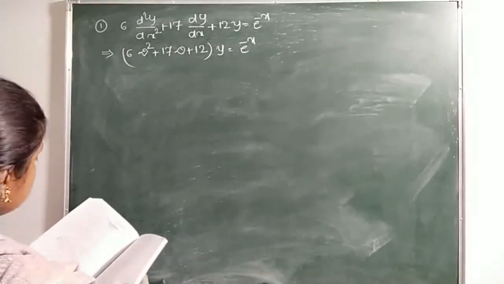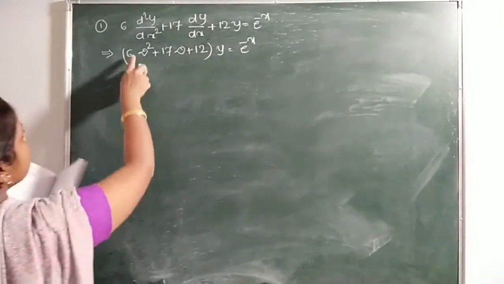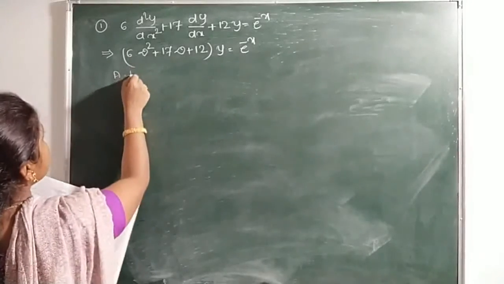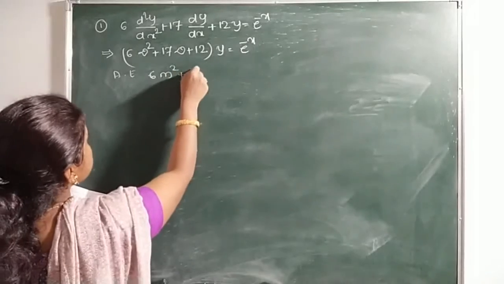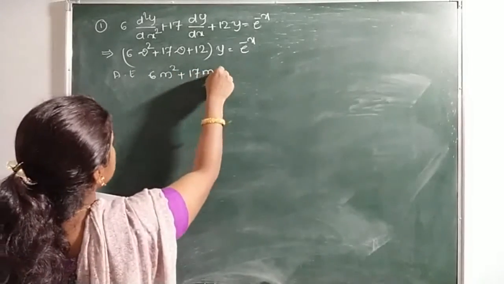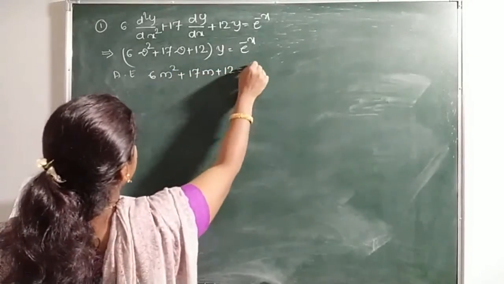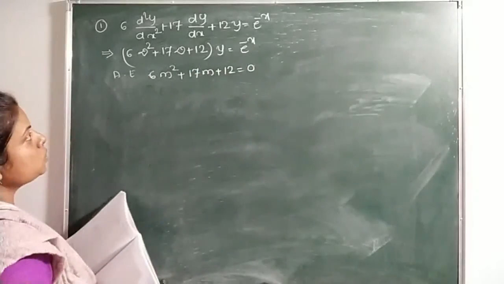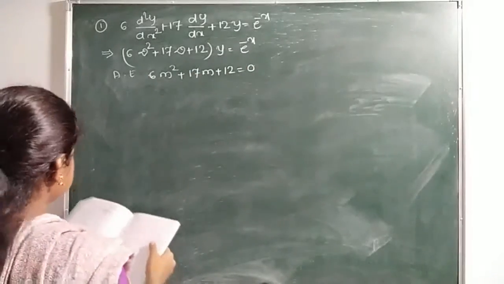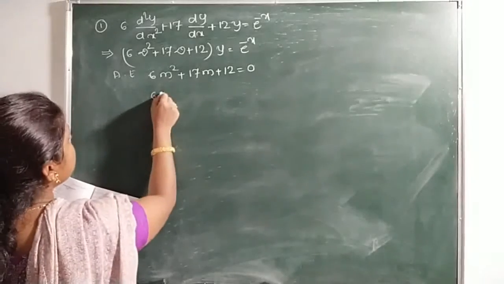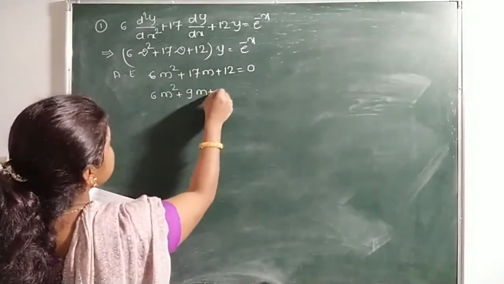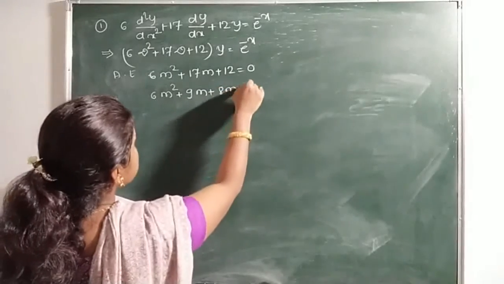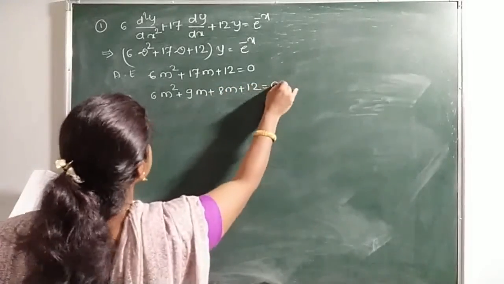Now, after this we have to simplify by taking the auxiliary equation, that is 6m square plus 17m plus 12 is equal to 0. By multiplying 6 into 12 we get 72, and to get 17 we use 9 and 8. So 6m square plus 9m plus 8m plus 12 is equal to 0.